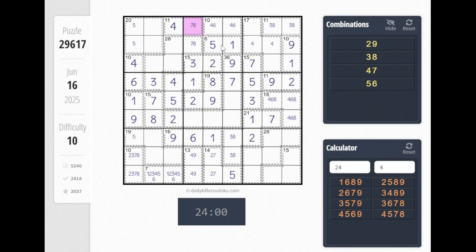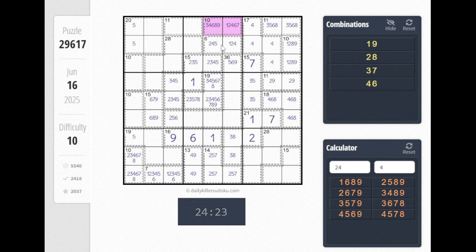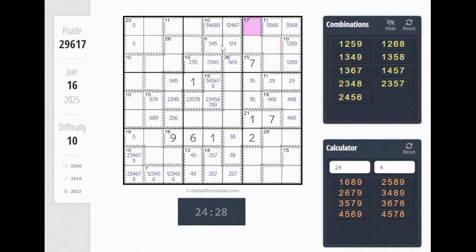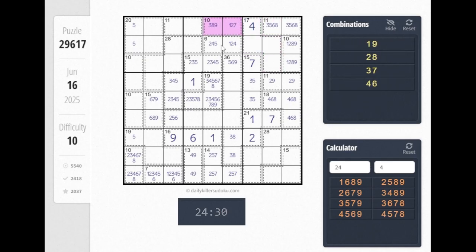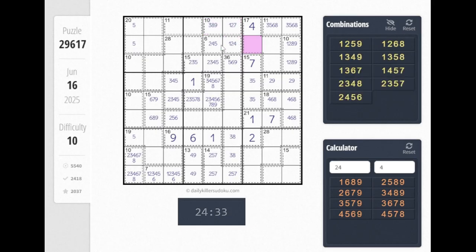Okay. What was my guess here? My guess was there's a 4 there. I wasn't really concerned about where the 4 was, just that it was there.